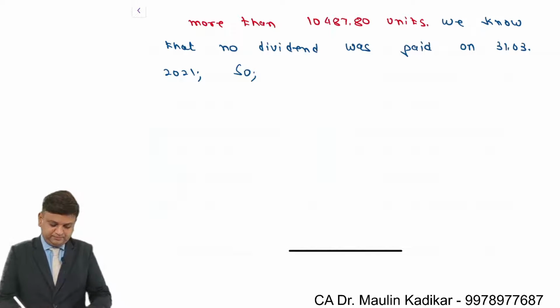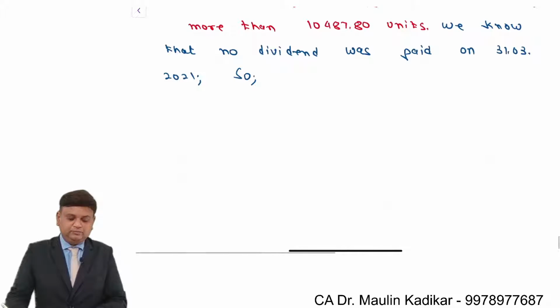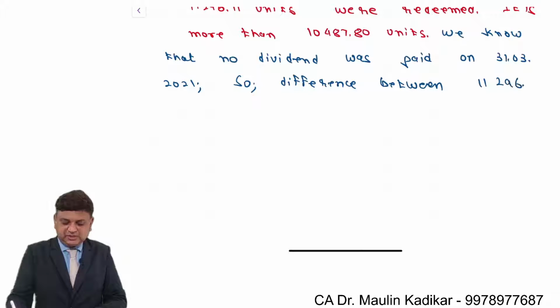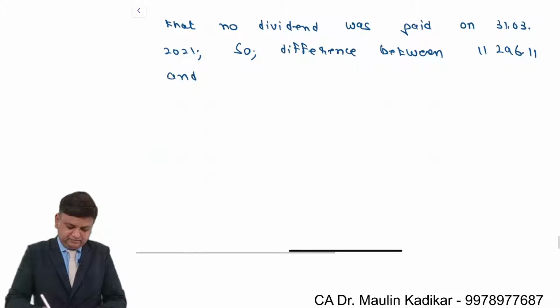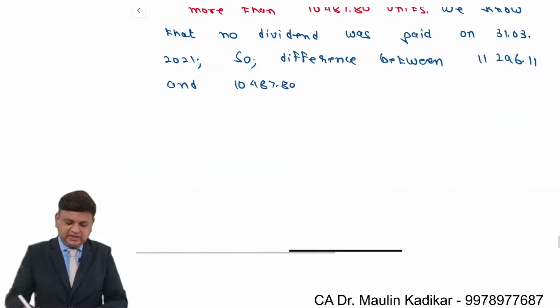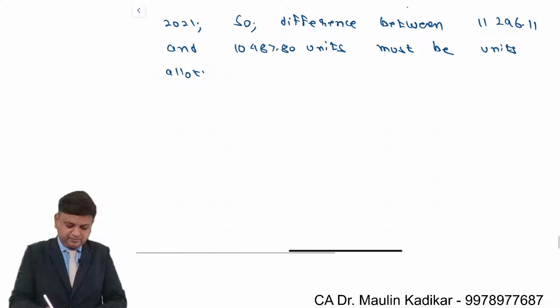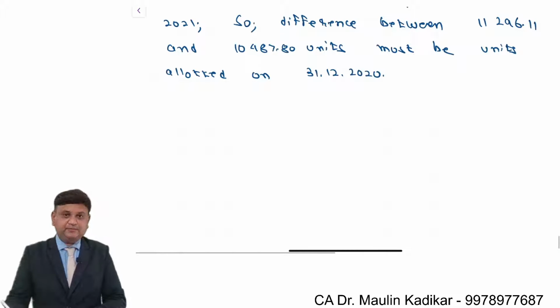So the difference between 11,296.11 and 10,487.8 units must be units allotted on 31st of December 2020.